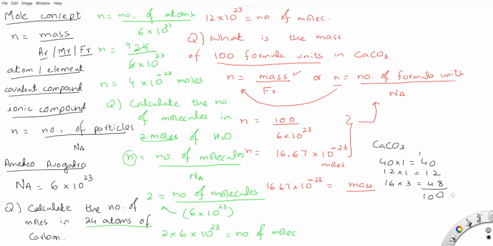So 16.67 exponent minus 23 times 100 is the mass. So 16.67 exponent minus 23 times 100 becomes 10 exponent minus 21 grams as mass.